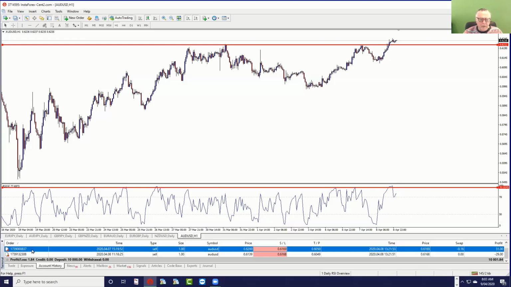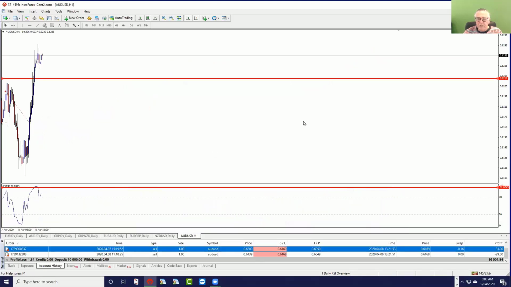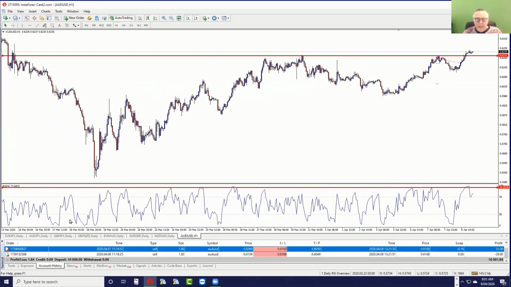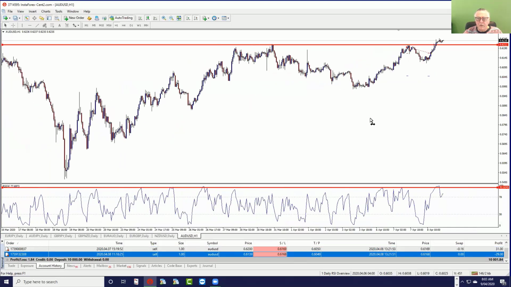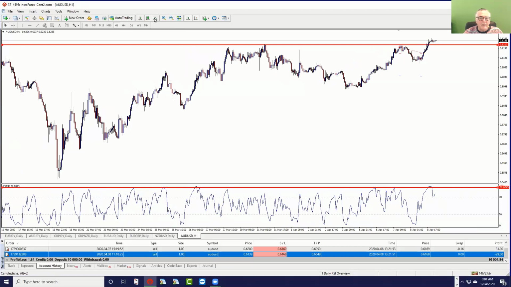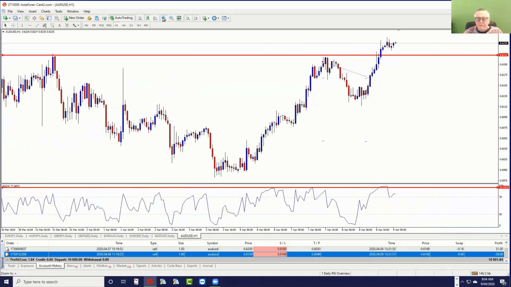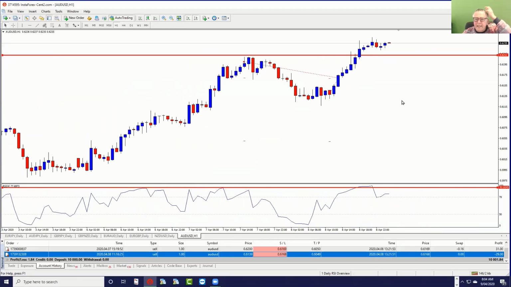So all you do is you actually just highlight the deal and you pull it onto the chart. And I'm going to do the second deal, highlight the deal, and pull it onto the chart. So I'm going to just make this bigger to make it clearer. There's the first deal.